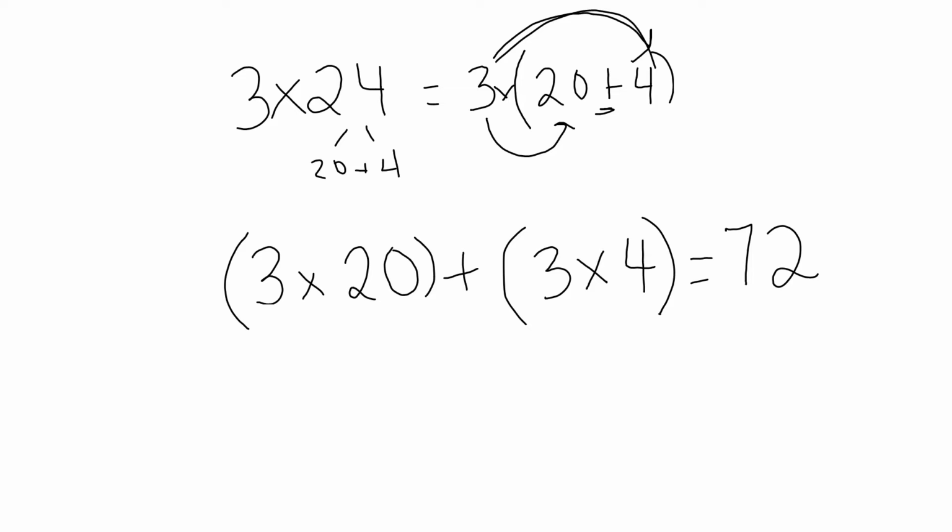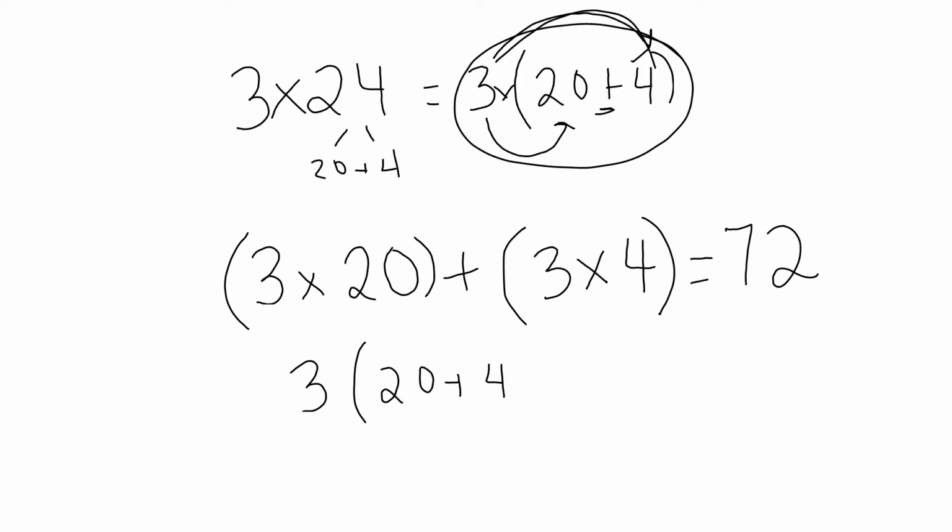And that is, you could take any of these up here. You could take this one, you could take this one, or you could take this. And let's just choose one. We'll do the one right here. 3 times 20 plus 4 equals, and then remember on the last example we said it was 60 because 3 times 20 is 60.